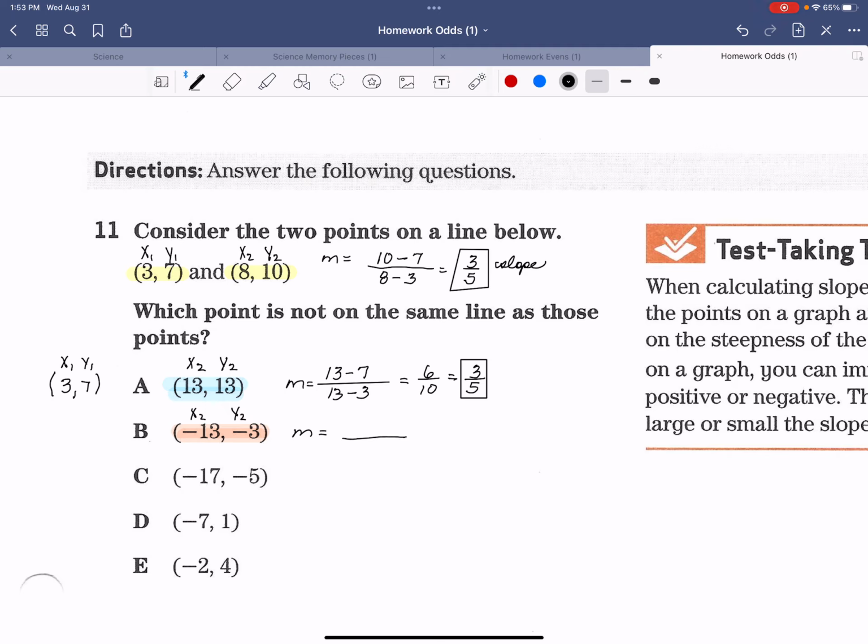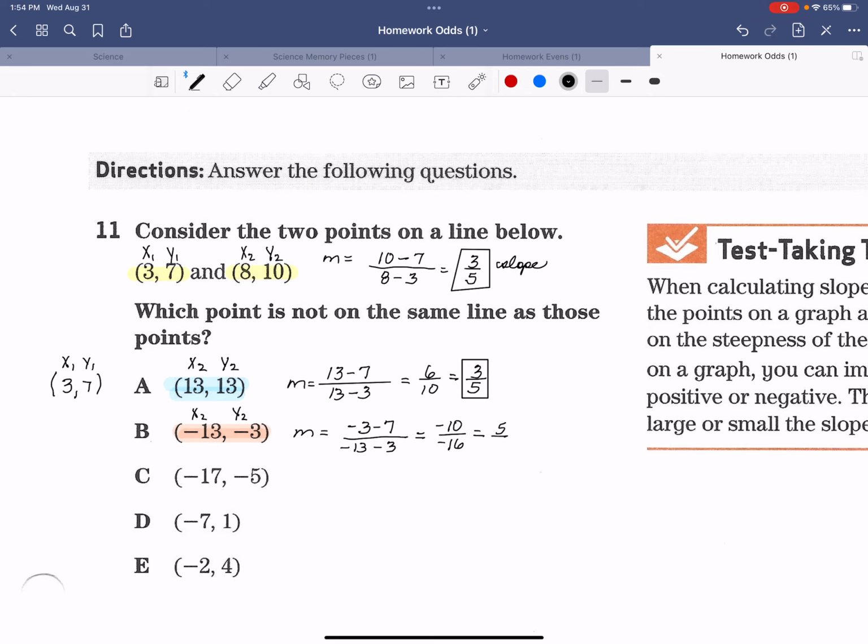So we have y sub 2 minus y sub 1 over x sub 2 minus x sub 1 is negative 10 over negative 16. That will simplify by 2 down to 5 over 8. So that one does not match.